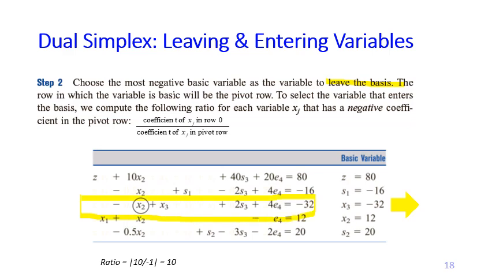And then again, we notice each variable in that row that has a negative coefficient. Here we only have x2 with the coefficient minus 1. We perform ratio test, 10 divided by minus 1, take the absolute value, so the ratio equals 10.